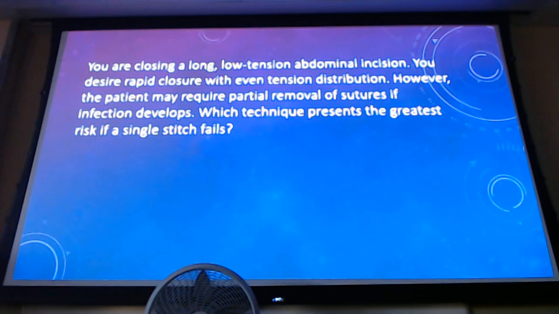Alright. You're closing a long, low tension abdominal incision. You want rapid closure with even tension distribution. The patient may require partial removal of sutures if infection develops. Which technique presents the greatest risk if a single stitch fails?